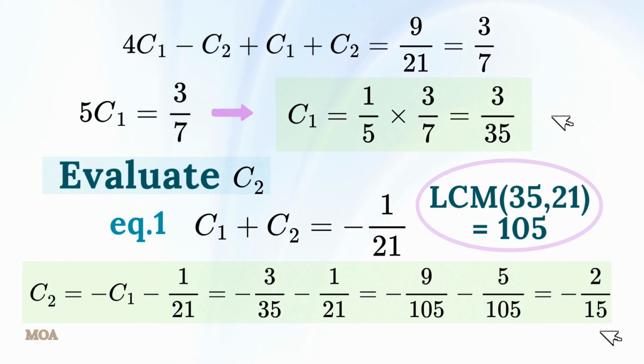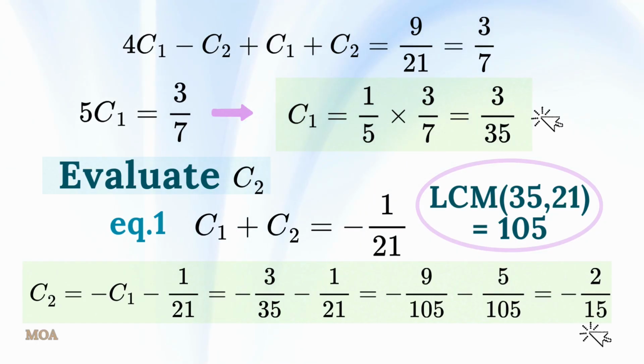To evaluate C sub 2, substitute the value of C sub 1 into equation 1. C sub 1 plus C sub 2 equals negative 1 over 21. This gives C sub 2 equals negative C sub 1 minus 1 over 21. Since C sub 1 equals 3 over 35, we have C sub 2 equals negative 3 over 35 minus 1 over 21. The least common denominator of 35 and 21 is 105.